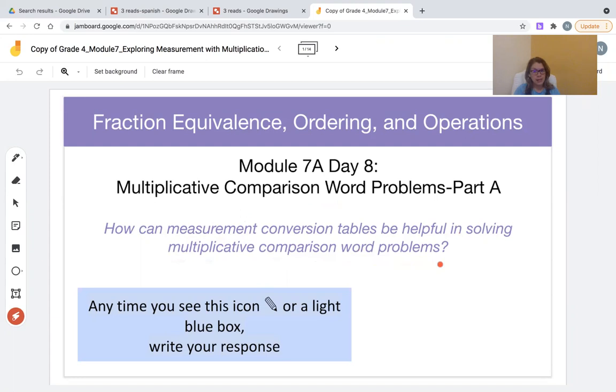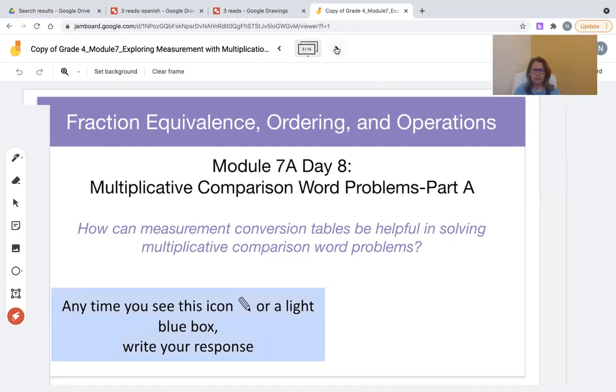I will show you today through the first section how we can use the 3 reads to read and understand a word problem. Then think about the word problem, solve using a conversion table and multiplication, so that we can use measurement conversion tables in solving multiplicative comparison word problems.